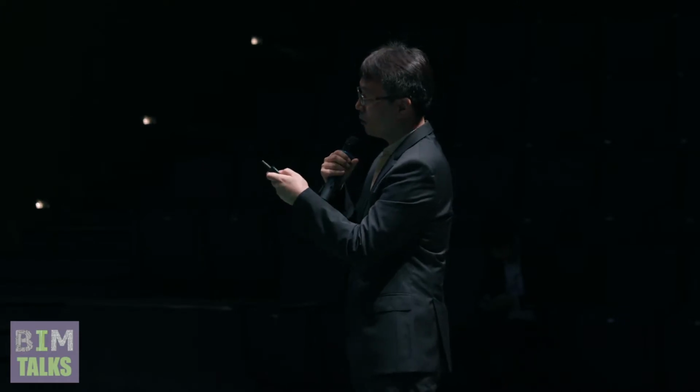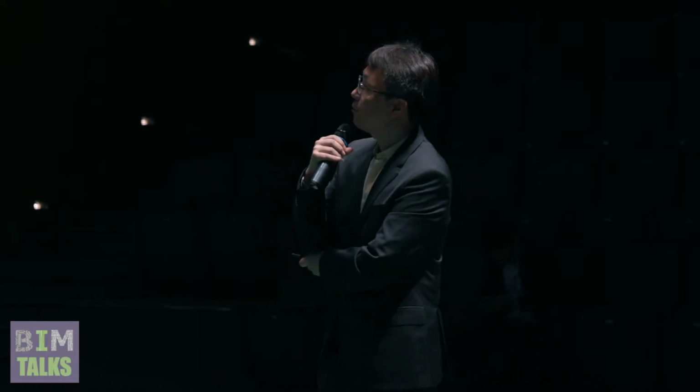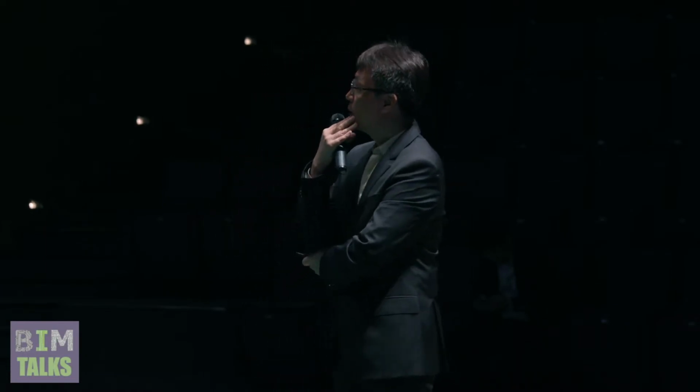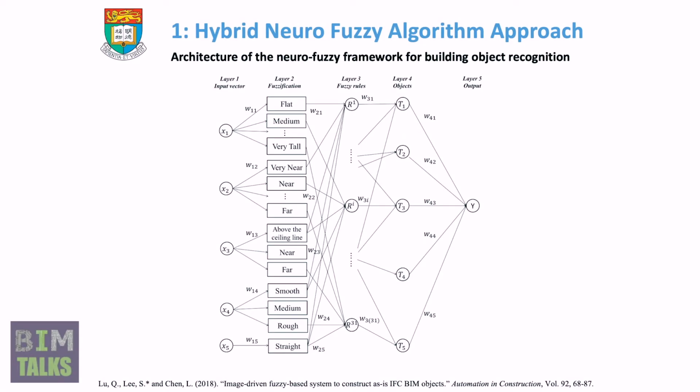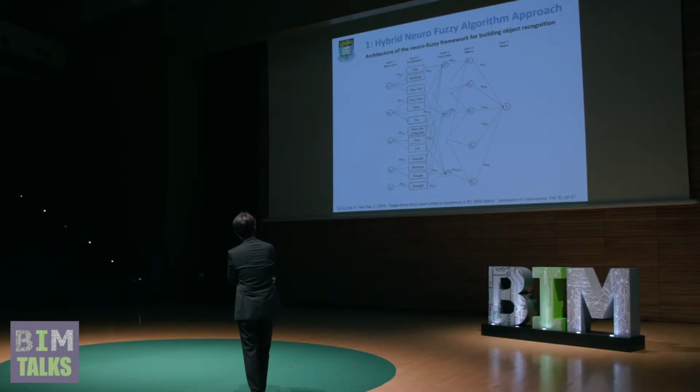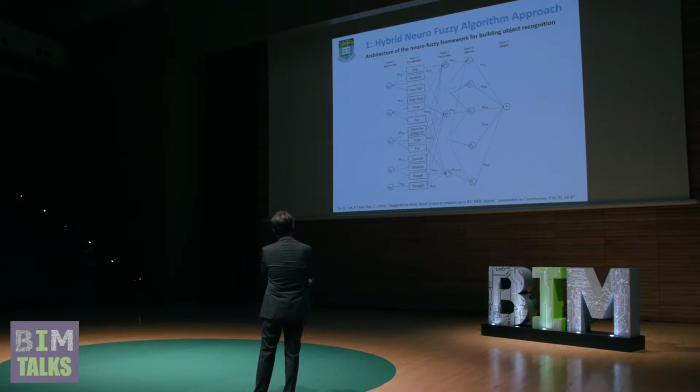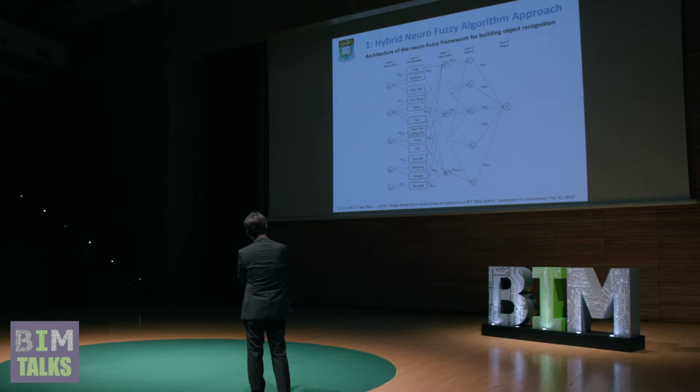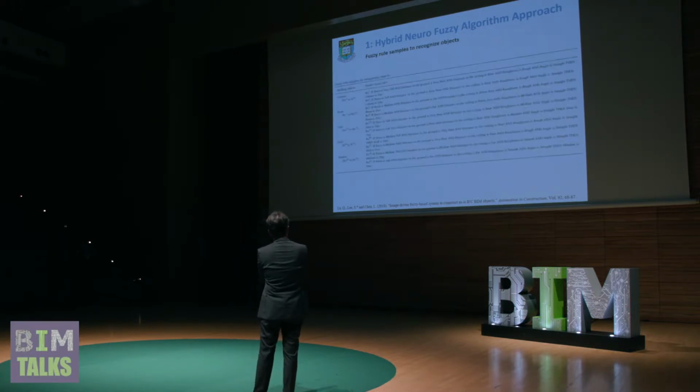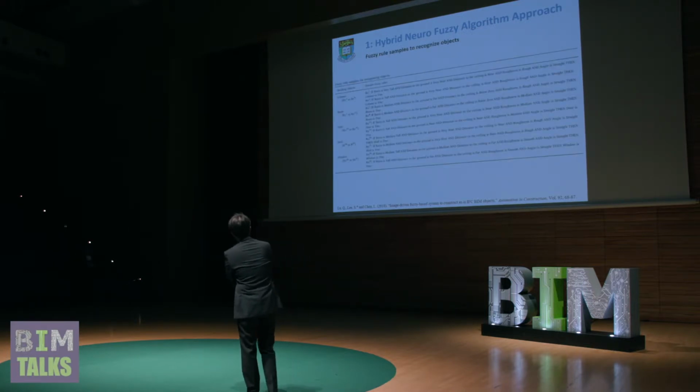For this particular research, we are interested in 5 different types of building objects. I'll show you later: columns, beams, windows, doors, etc. For those particular objects, we thought that these are the necessary properties we need to use in order to classify the objects. And then we created a rule set.